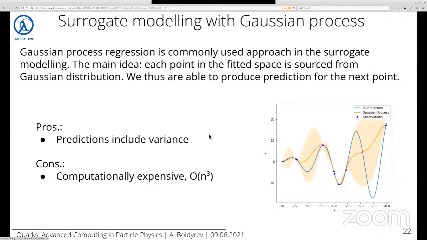And the predictions using this surrogate modeling include variance. This uses the Gaussian process, but it's also computationally expensive.